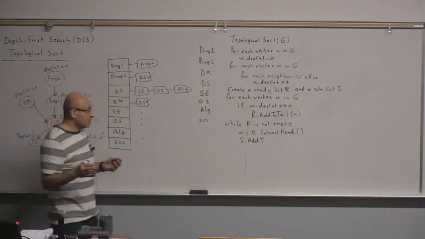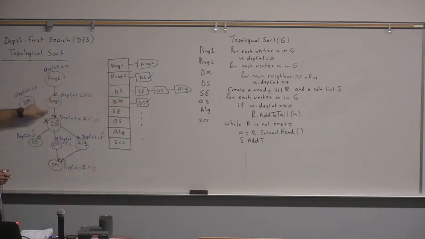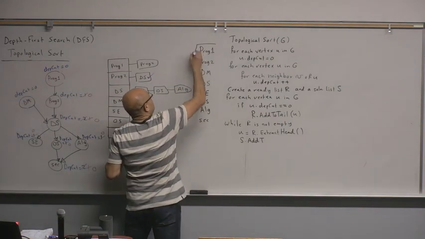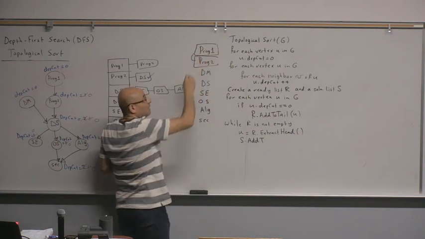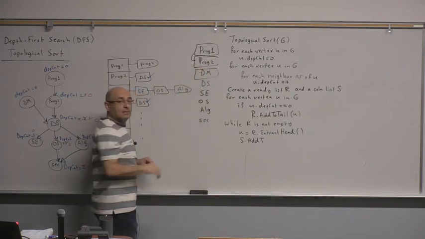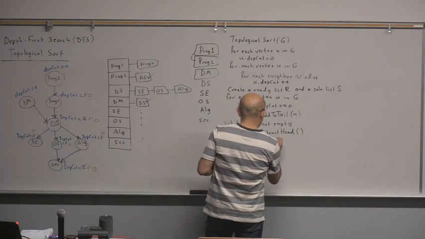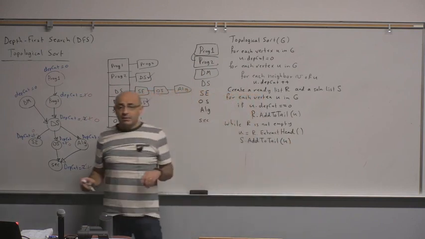Add to tail, because we first picked programming 1, then we picked programming 2, so we added programming 2 to the tail of programming 1, then we added discrete math to the tail. So we add U to the tail. Then what should we do?